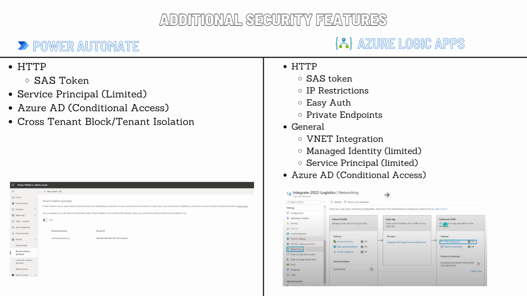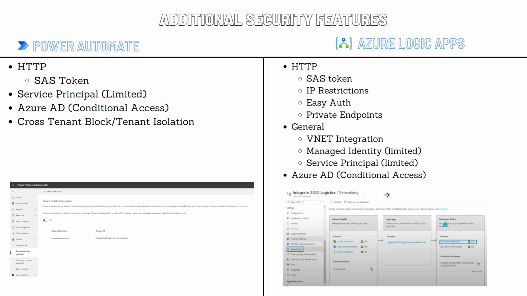Now, if we flip over to Logic Apps, on the HTTP trigger side, we do support that same model of a SAS token, but there are some additional things that are also included. IP restrictions, and this applies to both the consumption-based and the standard-based version of Logic Apps, where you can add, say, permit lists or deny lists, and then basically authorize specific IPs or their related ranges in order to access the resource. There's another feature which is pretty cool.